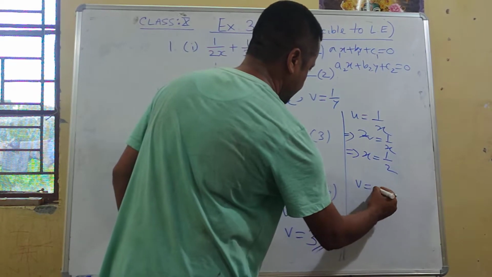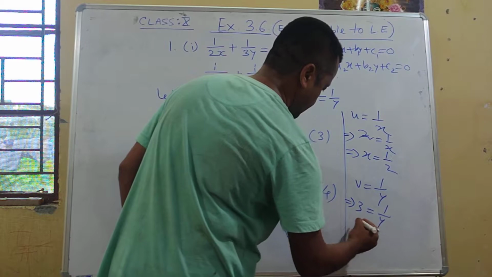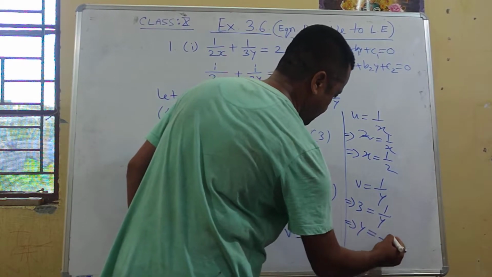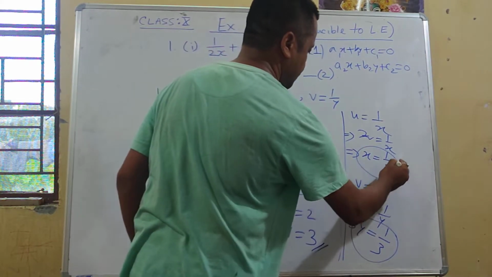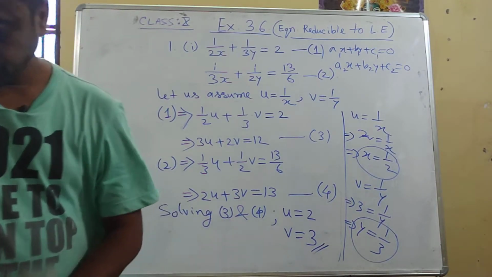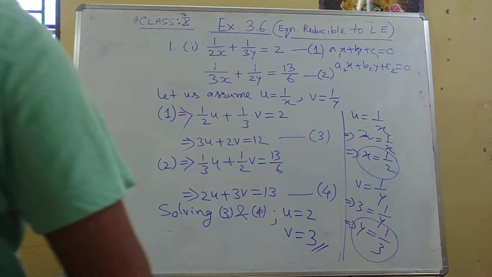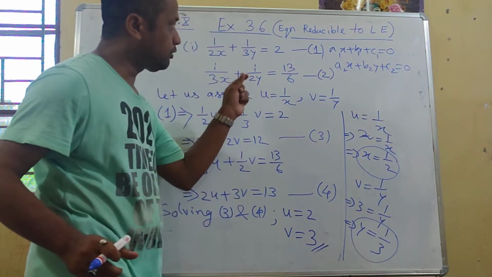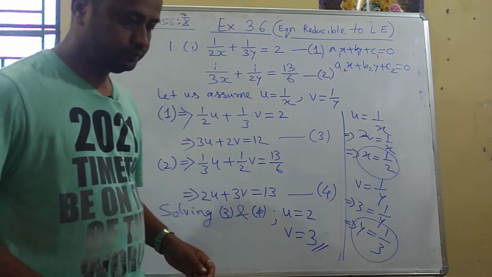And v is equal to 1 by y implies 3 is equal to 1 by y, so y is equal to 1 by 3. So x is equal to 1 by 2 and y is equal to 1 by 3 are the original solutions of these equations. This is called the method of equations reducible to linear equation form.